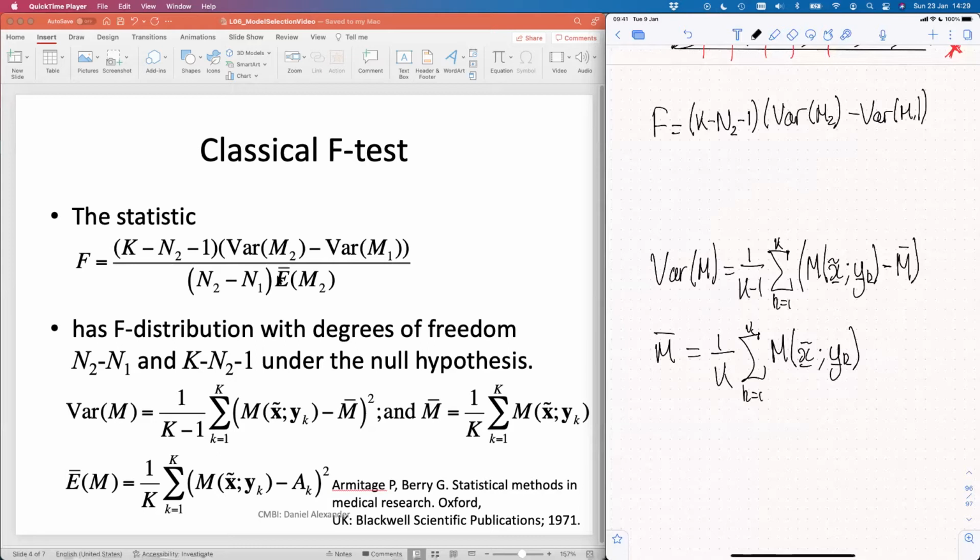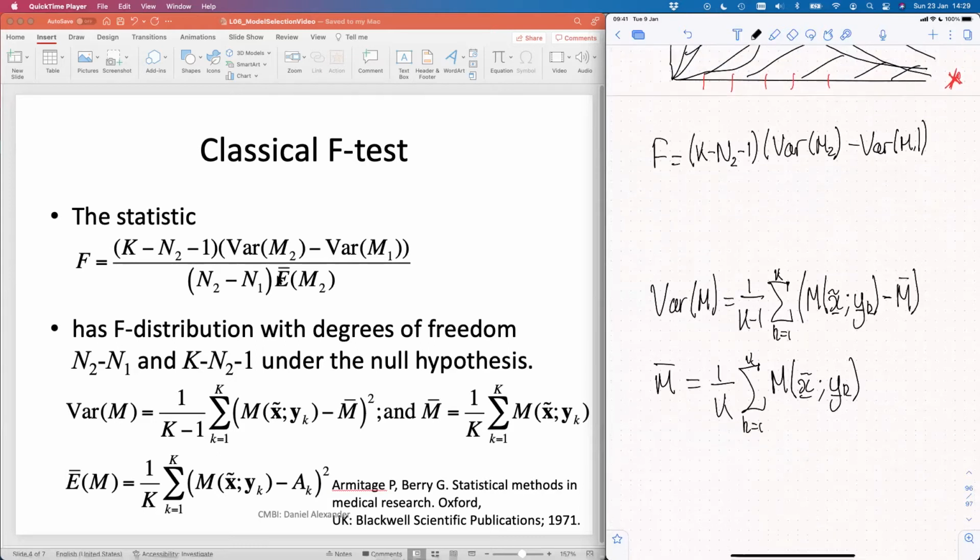Okay, so back to our F statistic then. On the numerator, we've got the difference of these variances of the model, and then we divide that by the difference in the number of parameters between the two models, multiplied by this operator E bar of the more complex model. And E bar is simply the mean squared error between the model and the measurements.